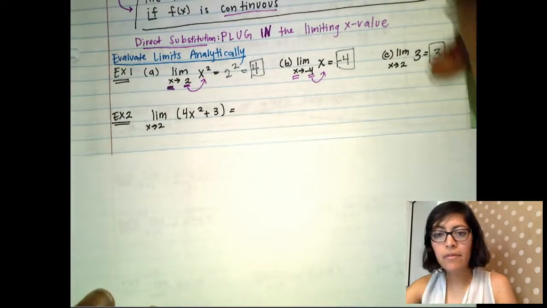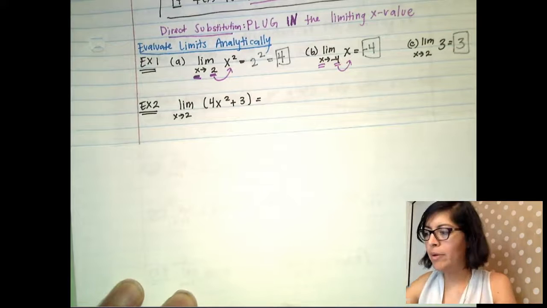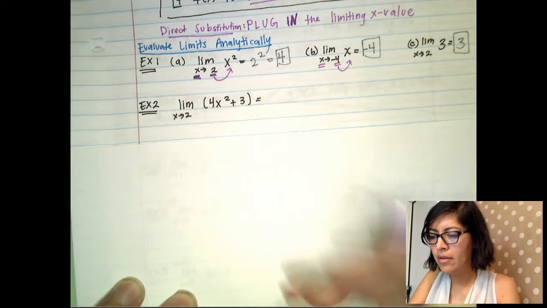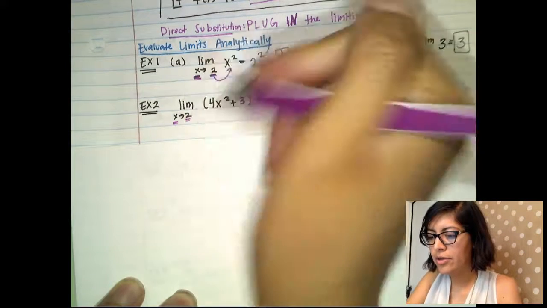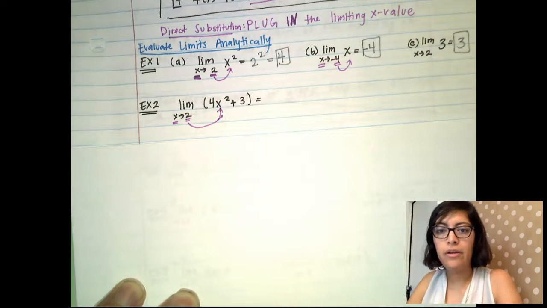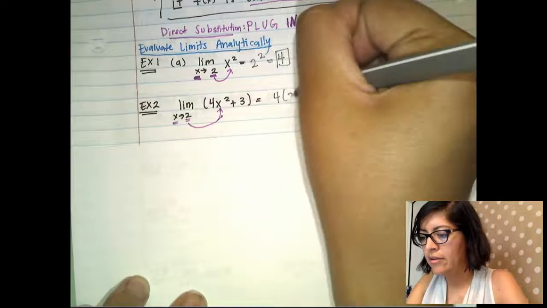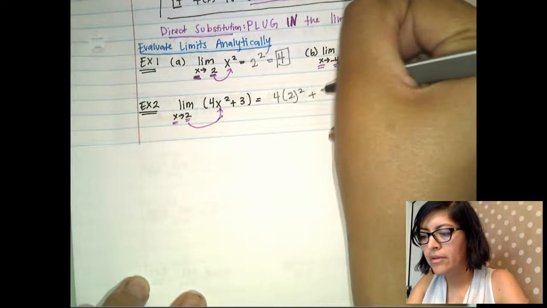So example 2 from the book. Again, let's see what happens when we plug x equals 2 into our function. So literally all you do is 2 squared plus 3.